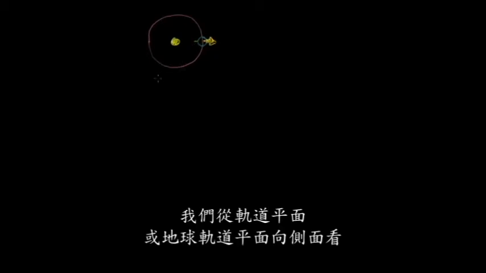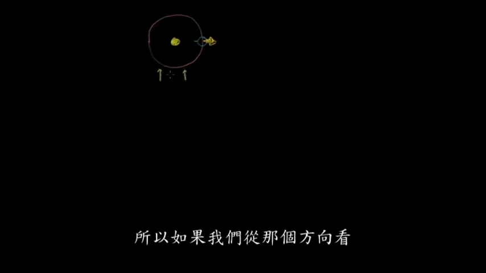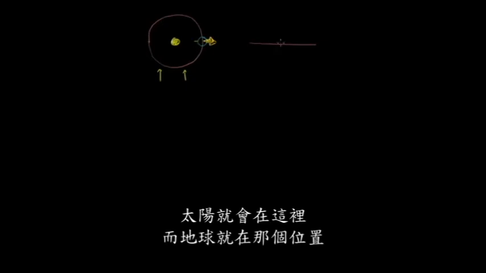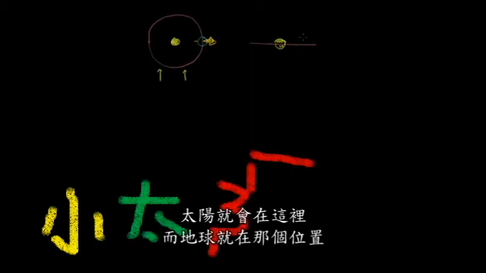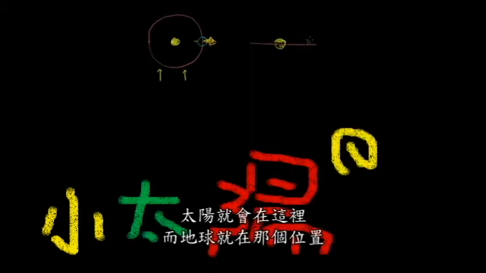And if I wanted to draw the same position, but looking sideways along the plane of Earth's orbit, so if we're looking directly sideways, this is the sun right over here. And this is Earth at that position.